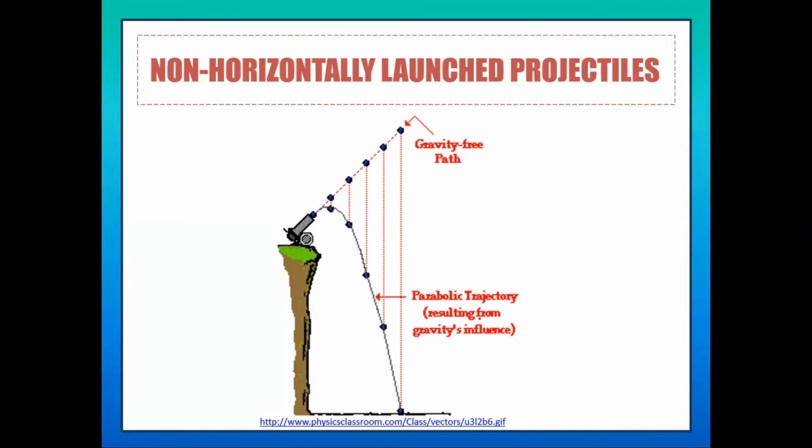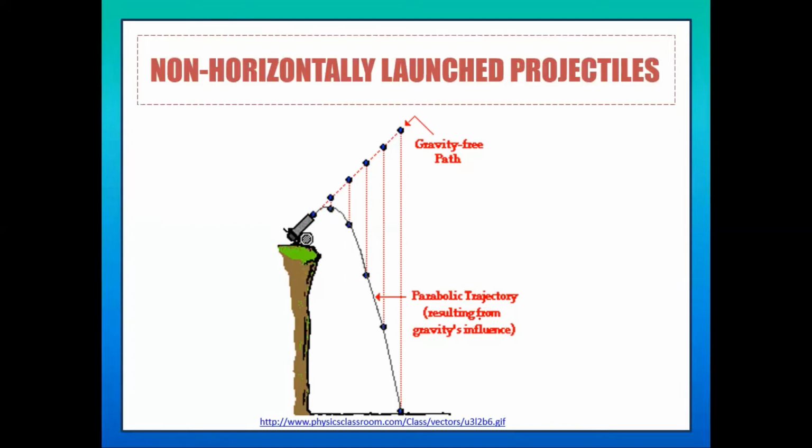You would notice some concepts are similar to what I discussed for horizontally launched projectiles, in terms of the inertial path and the parabolic trajectory. So again, this is the motion of non-horizontally launched projectiles if we describe it qualitatively.